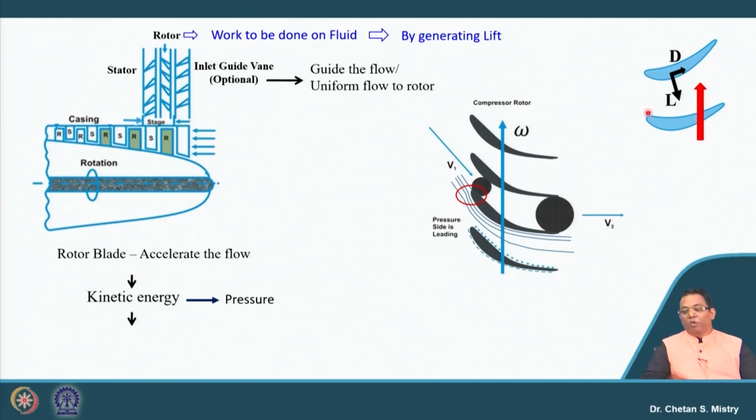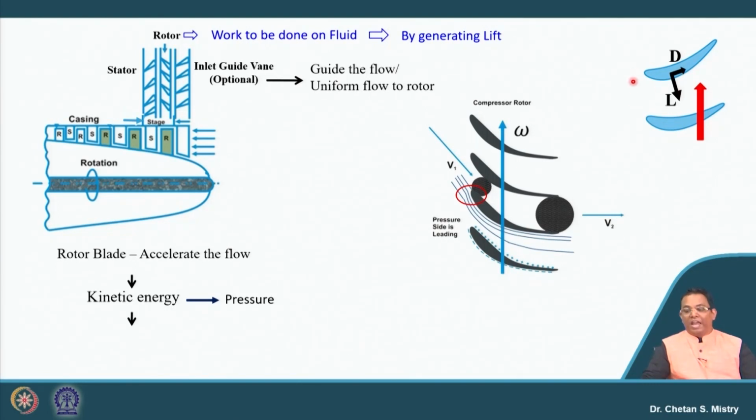If we look carefully, this is my inlet area and this is my exit area. This passage looks like a diffuser, because my entry area is lower and exit area is higher. So, it acts as a diffuser and diffuses the flow, meaning it increases my pressure.